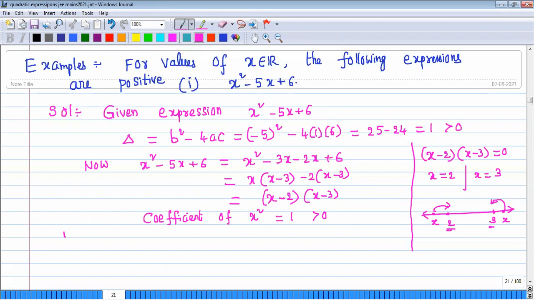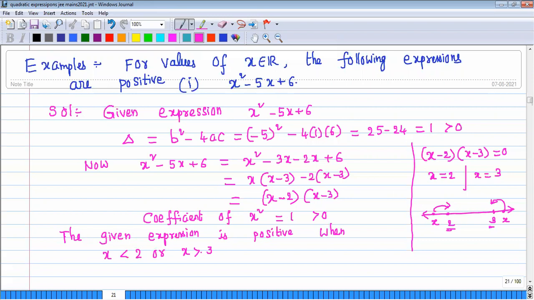Therefore, as per theorem number 4, the given expression is positive when x is less than 2 or x greater than 3.